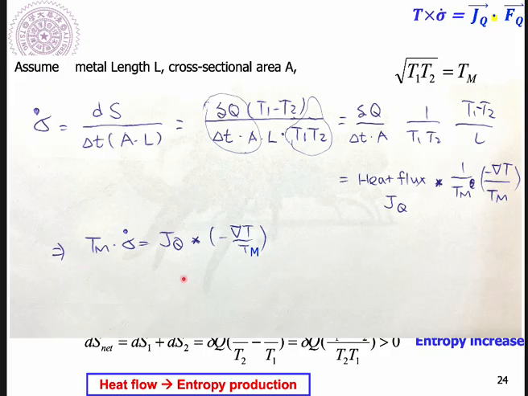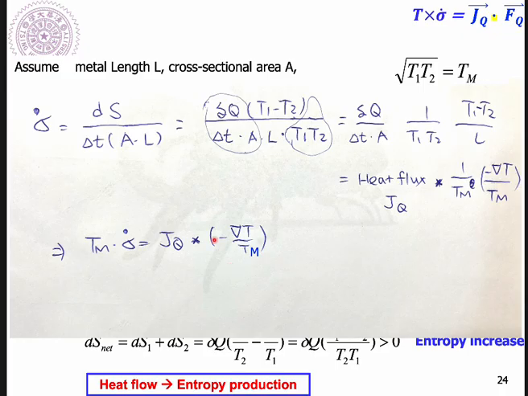Okay, so we prove that under this derivation, we demonstrate that this equation works. This equation works for mass transport. Oh, not, sorry, for heat transport. So we got the temperature times the sigma dot equals heat flux times the driving force for heat flow.